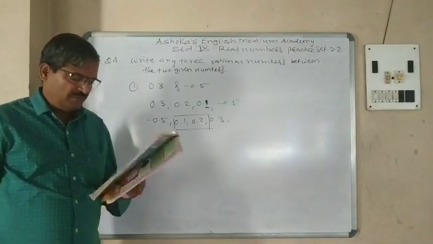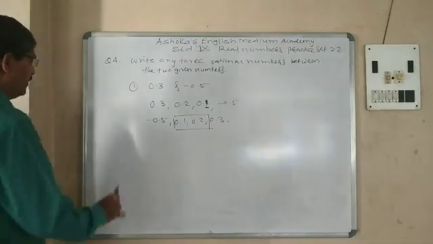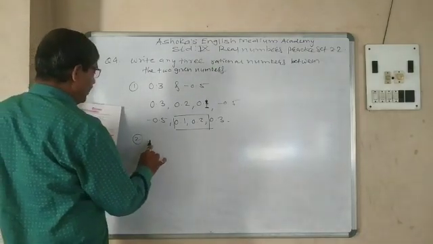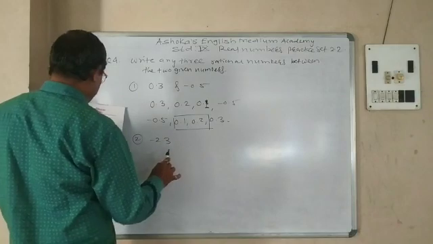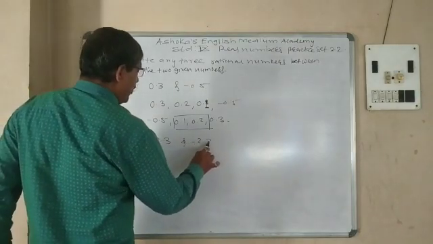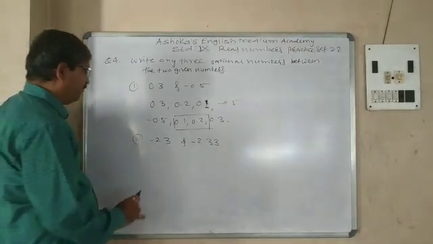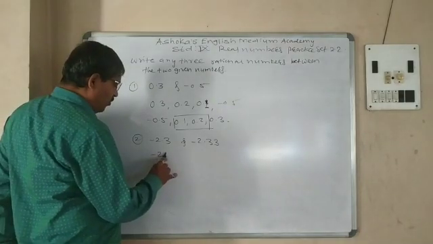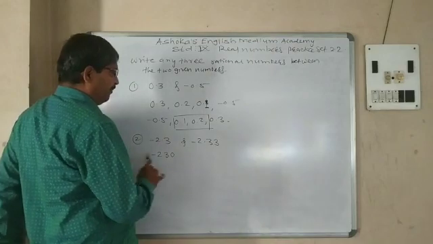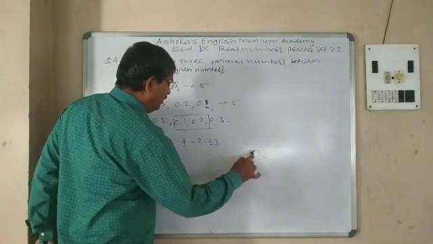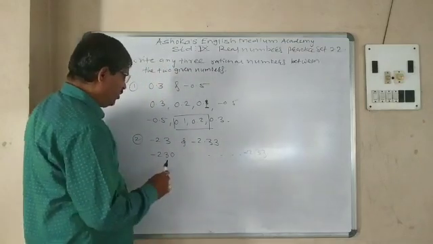Okay. Now next, question number 2 from this: minus 2.3 and minus 2.33. What should we do here? Here take minus 2.30, and here 2.33. Then which numbers will come?